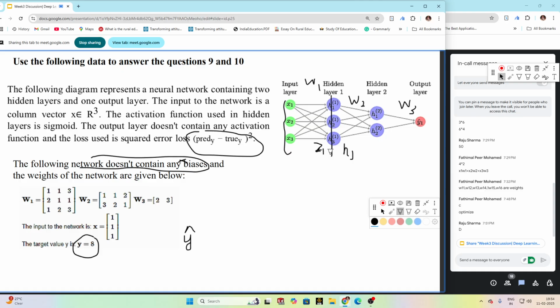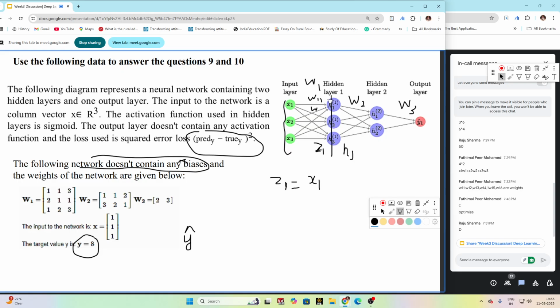So first we have to calculate z1. According to what sir has taught, this is w11, this is w21, this is w31.